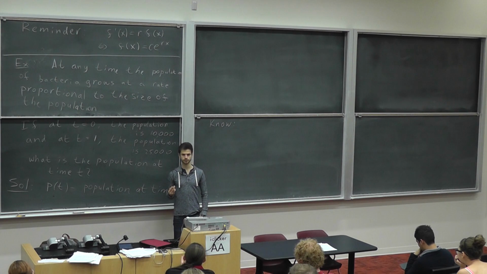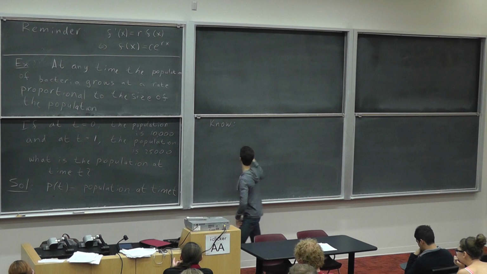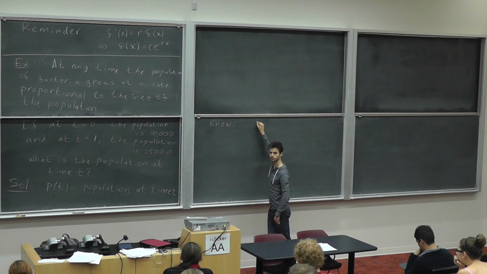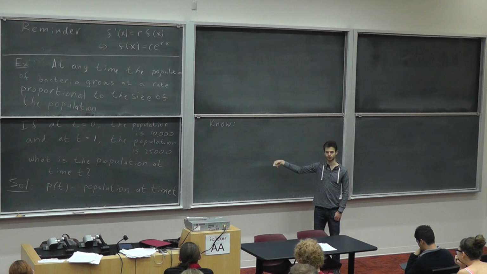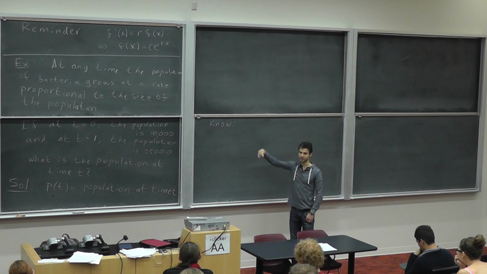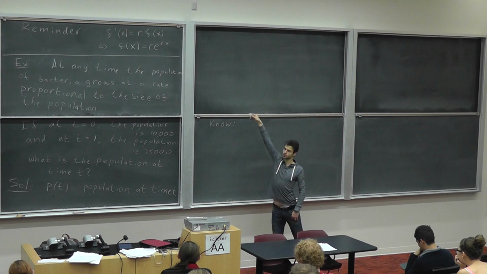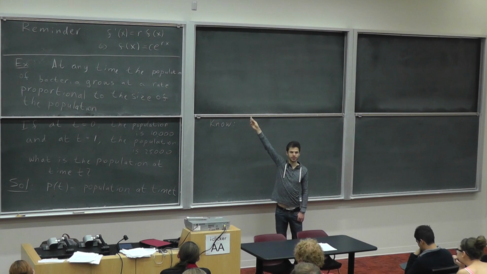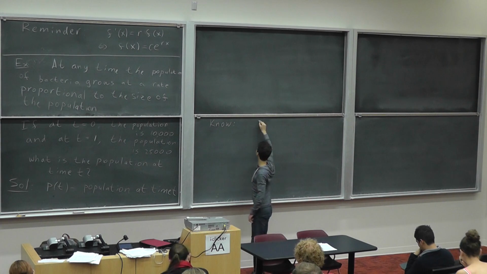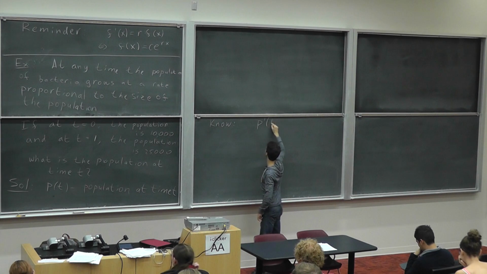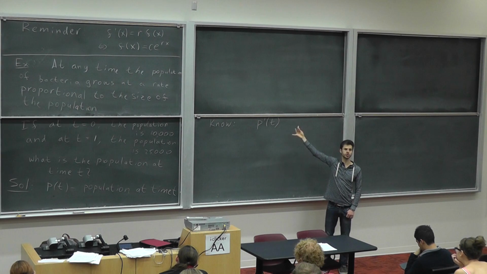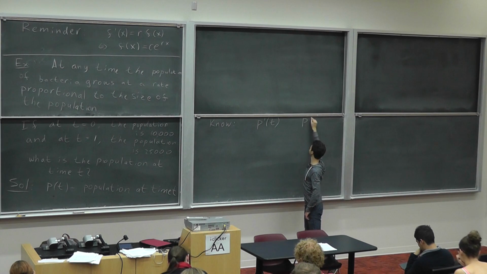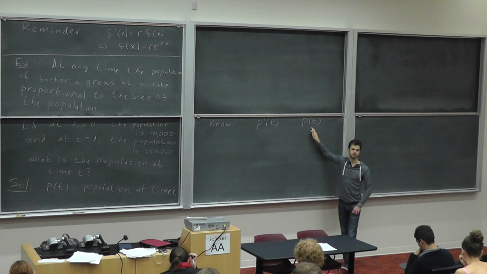So it means that P of t is probably some constant times e to the power rt. Okay, so that would be the conclusion from the mathematical statement. The statement itself is what's on the first line there. The rate of change of this quantity, which is P prime of t, is proportional to the size of the population at time t.